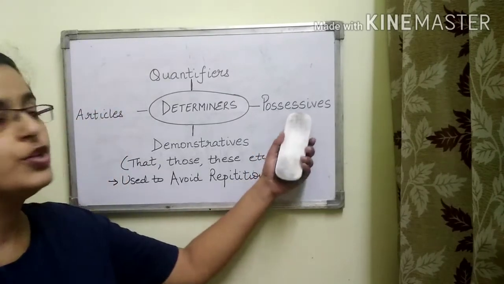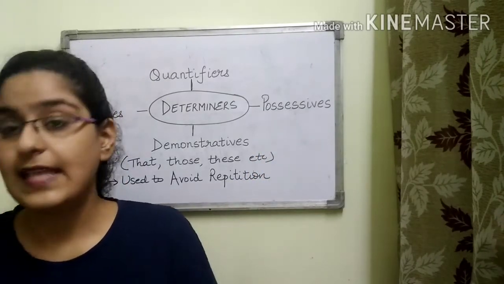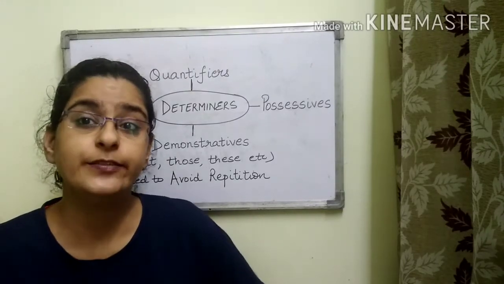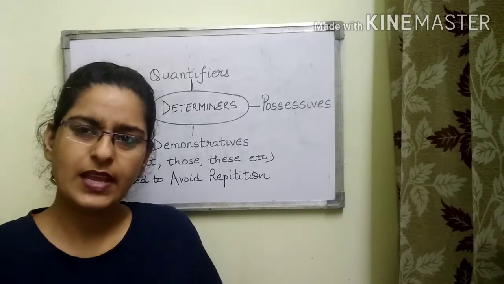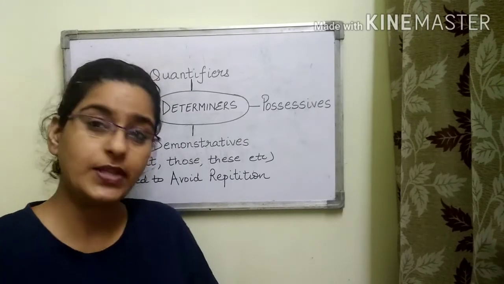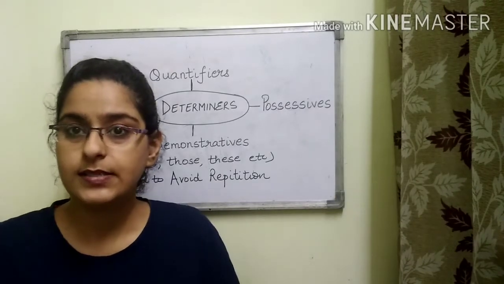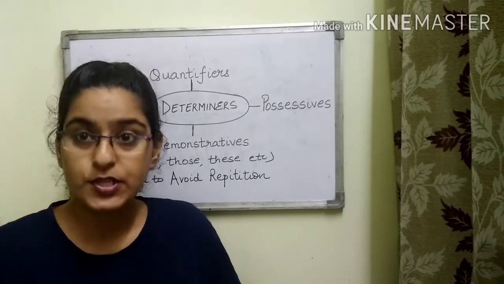Now we'll move to the third classification, that is possessives. When I use the word possessives, can you relate it with any other word, or maybe the same word in another sense? Yes, you are absolutely right.